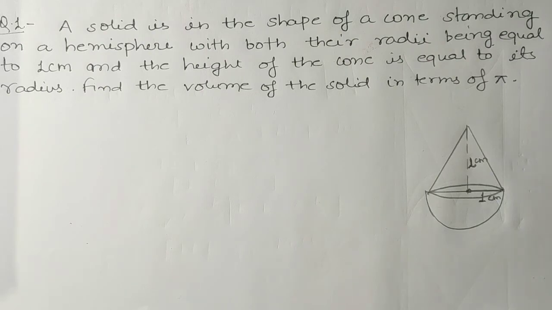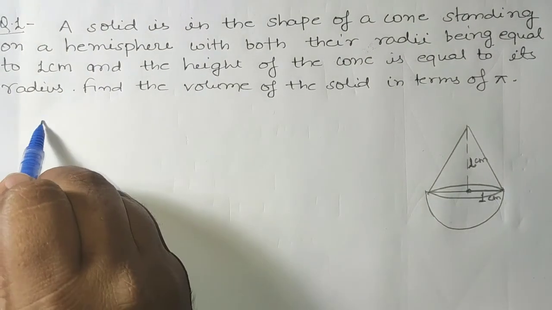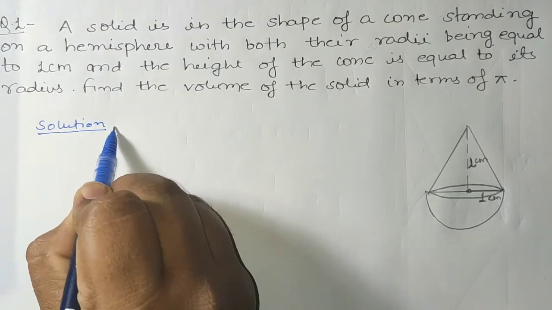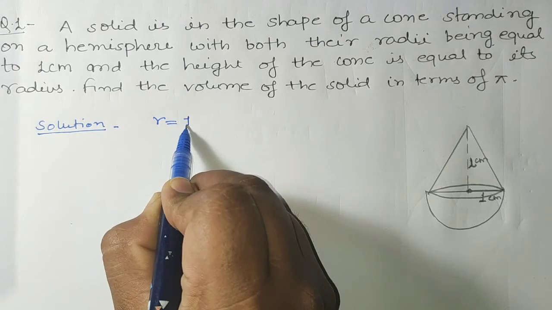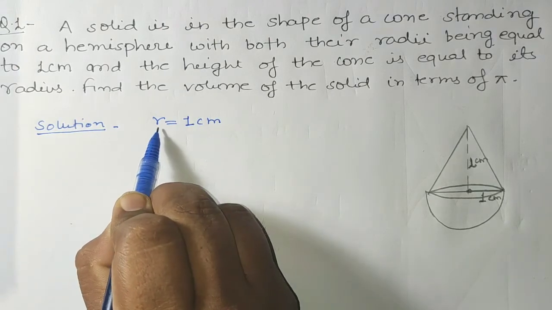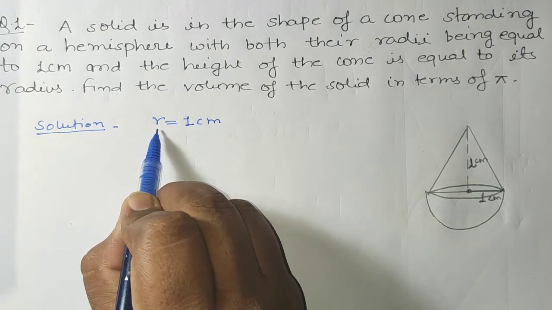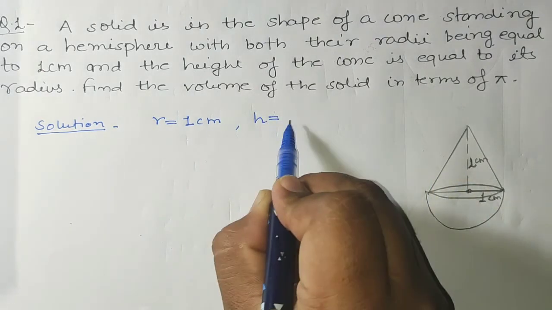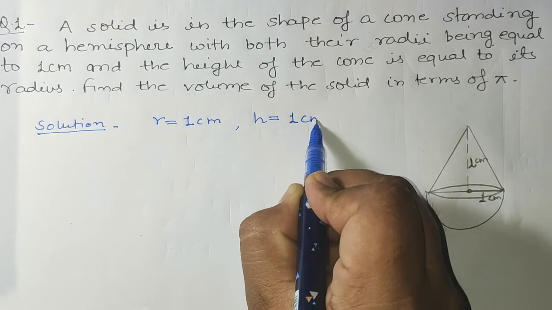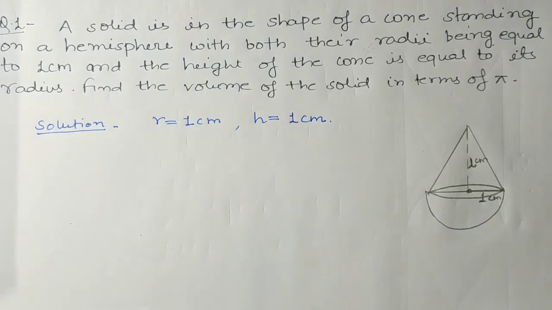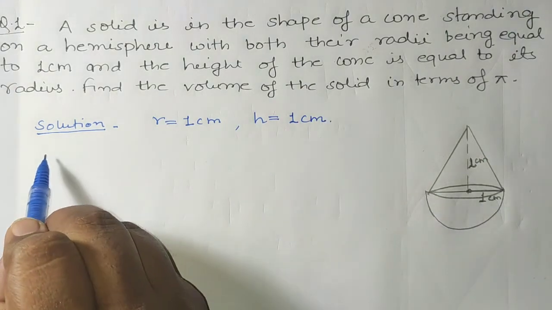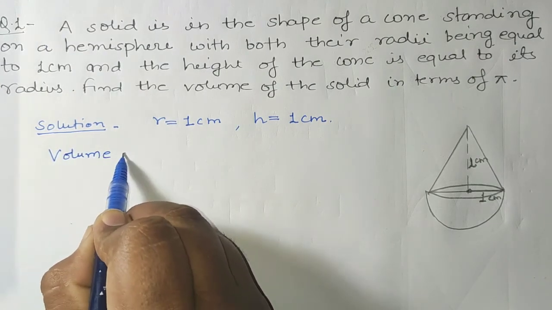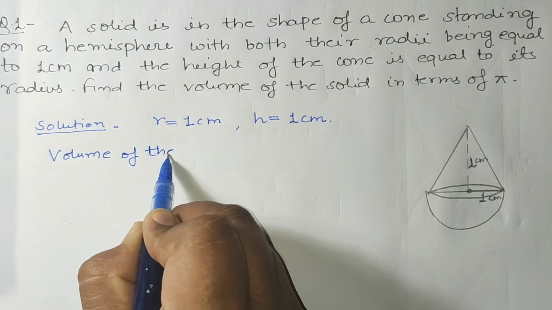So in the solution, firstly we'll write what we have: radius is 1 centimeter, the radius of the hemispherical portion as well as the conical portion, and the height of the cone is also 1 centimeter. Now we have to find the volume of the solid.